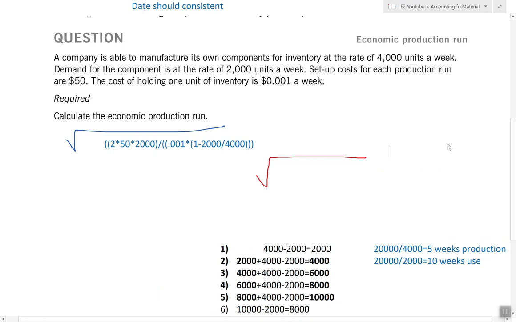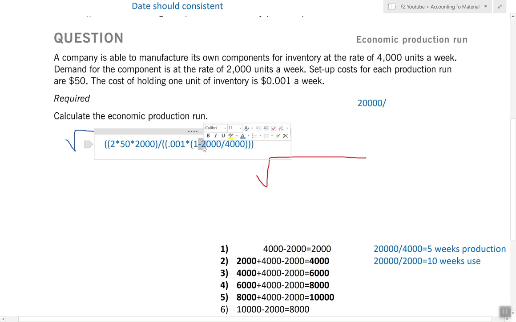So first I will do the top part, which is 2 multiplied by 50 multiplied by 2,000 becomes 20,000. So I write 20,000 here, top part, and the bottom one, start from left here. First take 2,000 divided by 4,000 becomes half, 0.50.